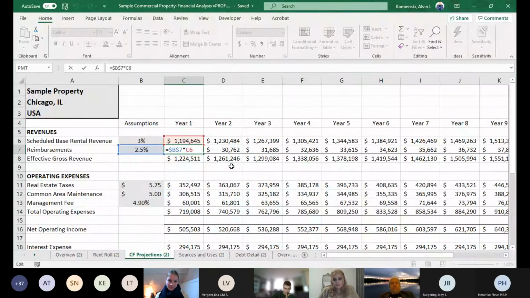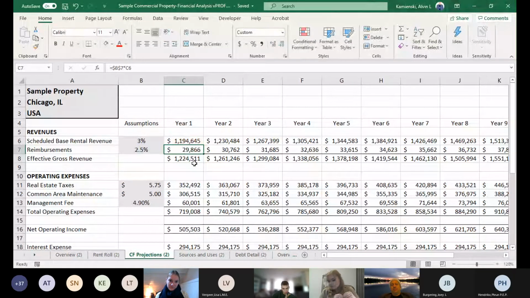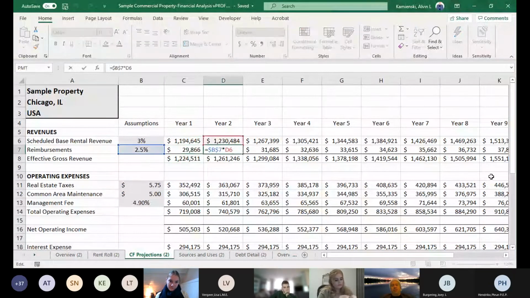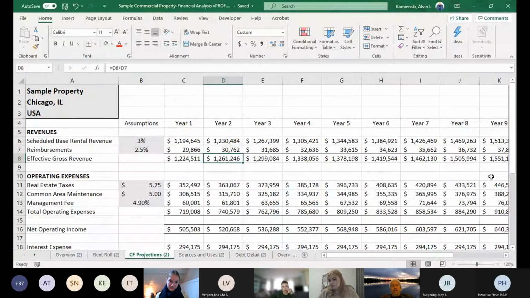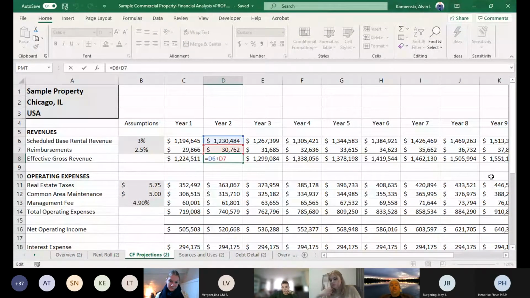So we used a 2.5% metric against the total initial rental income to get a reimbursement amount, which you see is pretty small. We decided to keep that constant and calculate it across the years to give us our total effective rents, or gross revenue, or sales, if you want to think of it in the context outside of real estate.